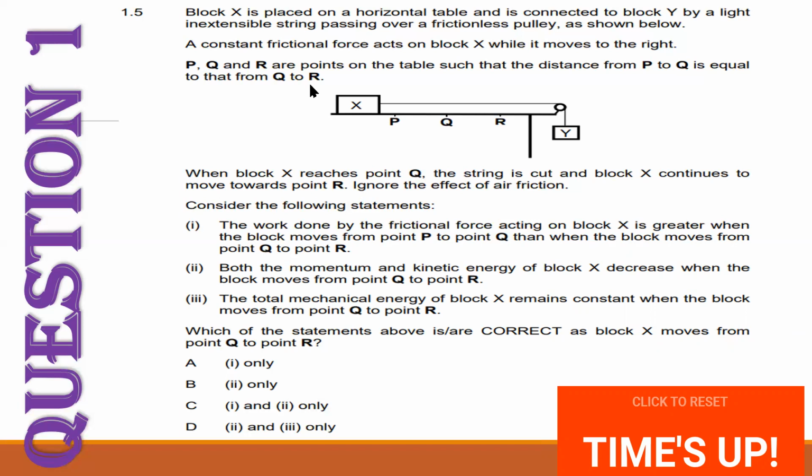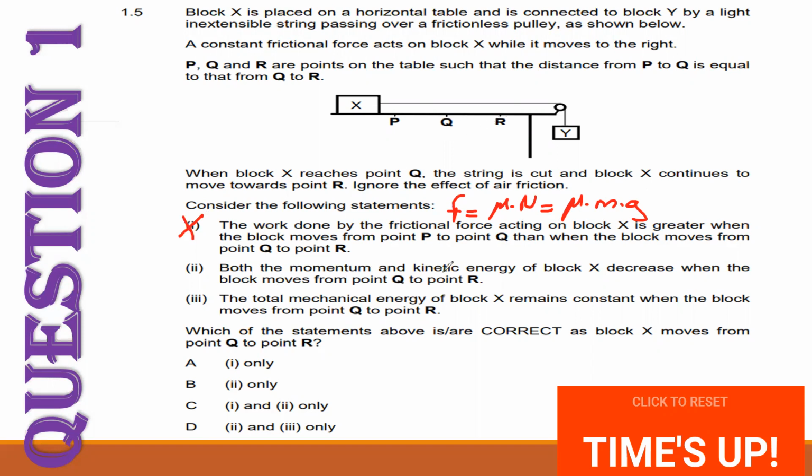Friction force never changes because you are not adding extra mass on X. Friction force equals coefficient times normal force. What's our normal force? M times G, so coefficient times M times G. Nothing changed with mass and gravity, so friction force is still the same. PQ is not greater than QR, all the same.